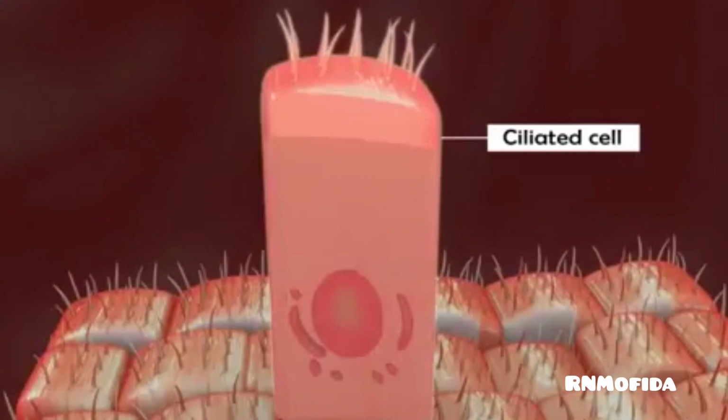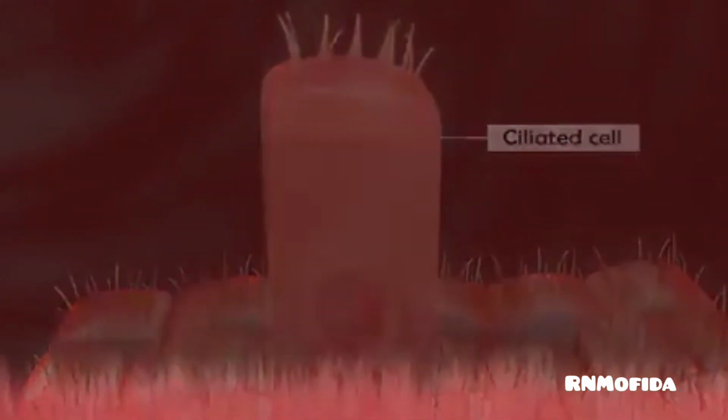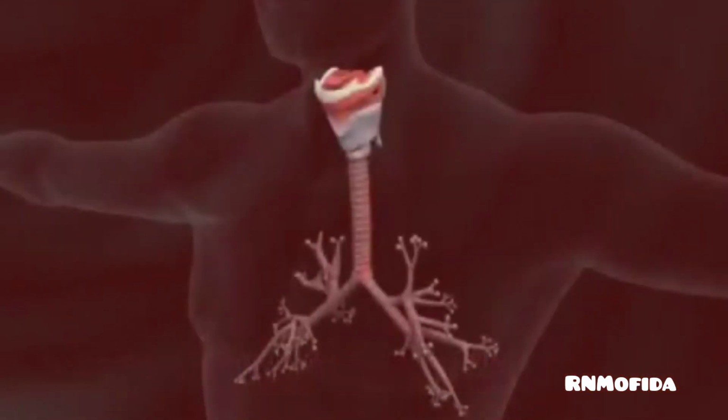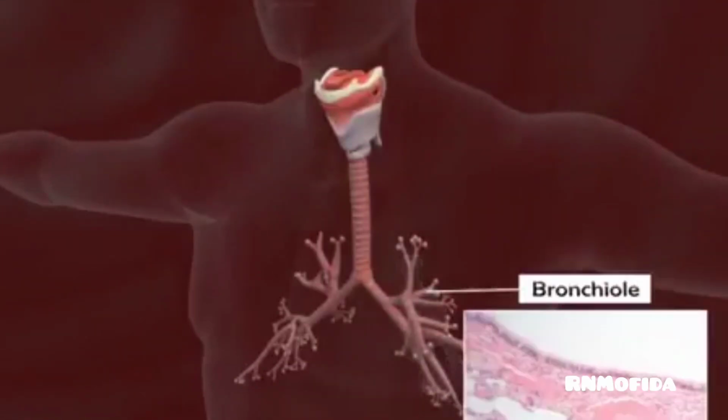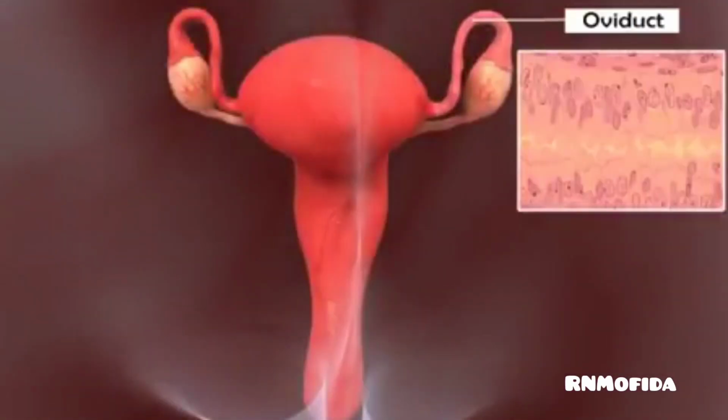Cilia are hair-like projections that help in the movement of substances in a particular direction over the epithelium. Ciliated epithelium is mainly present in the inner lining of bronchioles and in the inner lining of the oviduct called the fallopian tube.